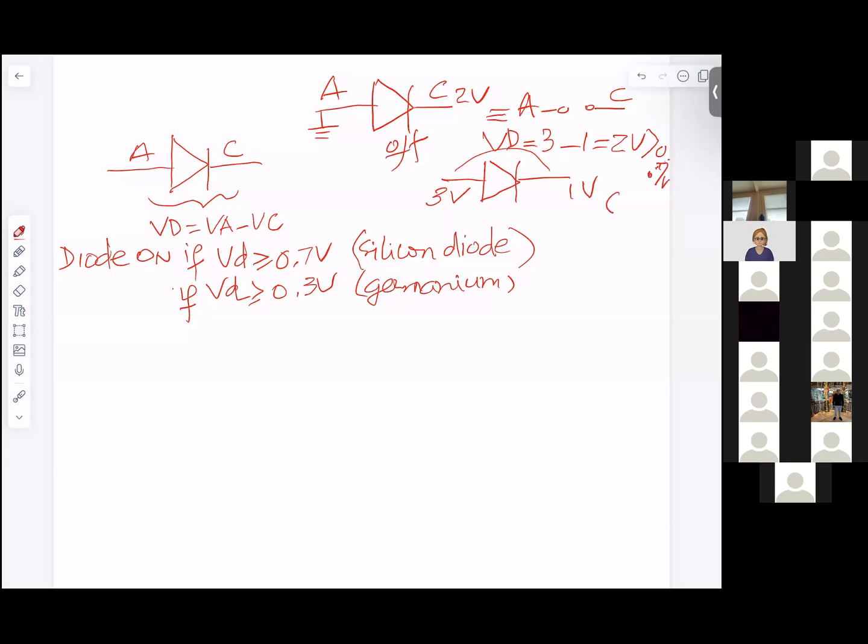So we can say it will be on. The thing is, if you look at the diode and don't know whether it's on or off, you cannot solve any problem.